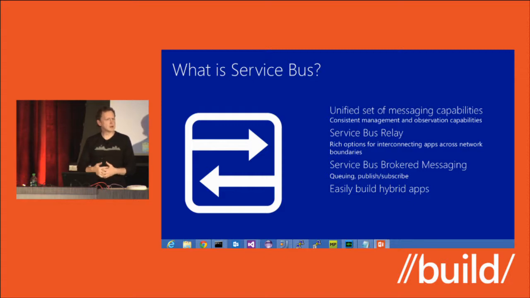So that's more like traditional message-oriented middleware. And collectively, these set of capabilities make it easy for you to build hybrid applications. And we use the term hybrid applications to mean those that incorporate components that are running on-premise and components that are running up in the cloud. And Service Bus is a great way to interconnect those components together to create your application.